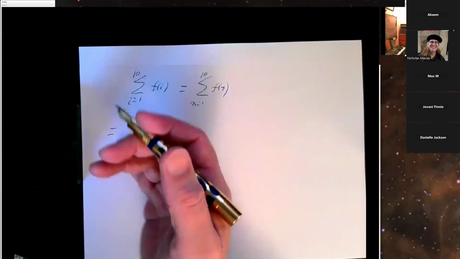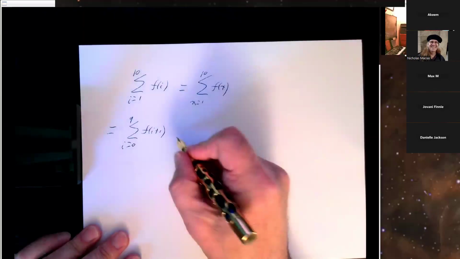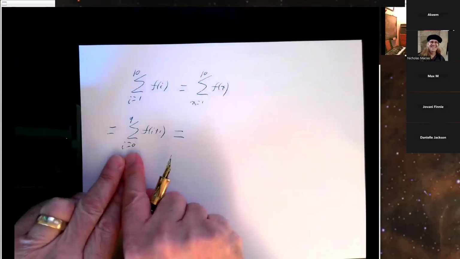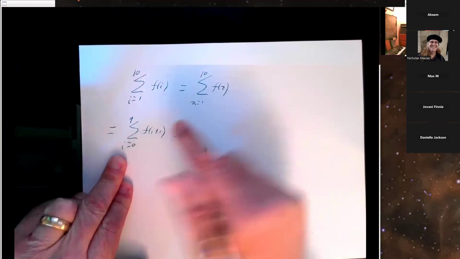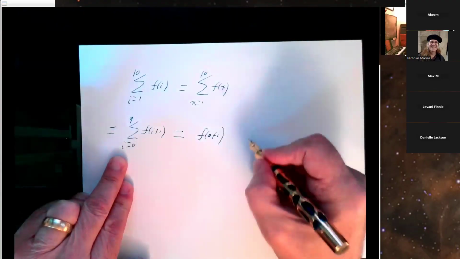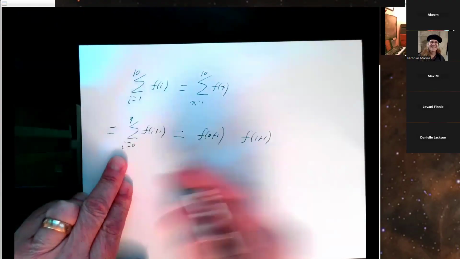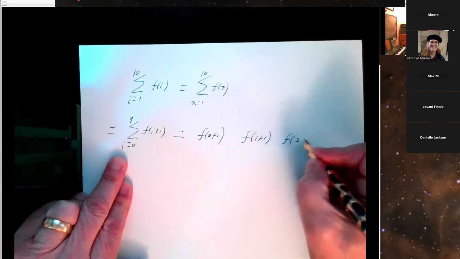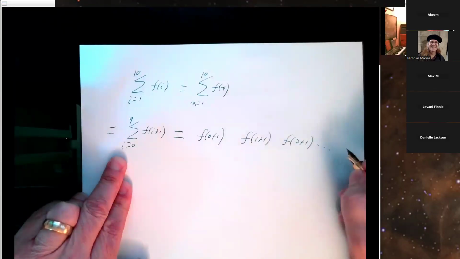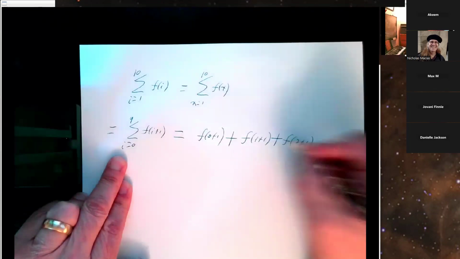So how do we break apart something like this summation symbol? Well, basically, do a for loop in your head or on paper. Set i equal to 0 and write down f of 0 plus 1. Set i equal to 1, write down f of i plus 1. Set i equal to 2, write f of i plus 1. All the way up to and including 9, f of 9 plus 1. And then just add these together.